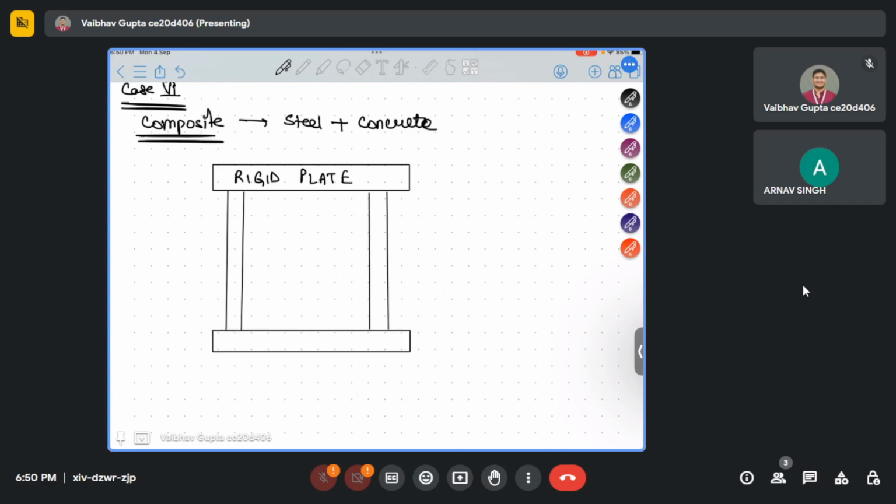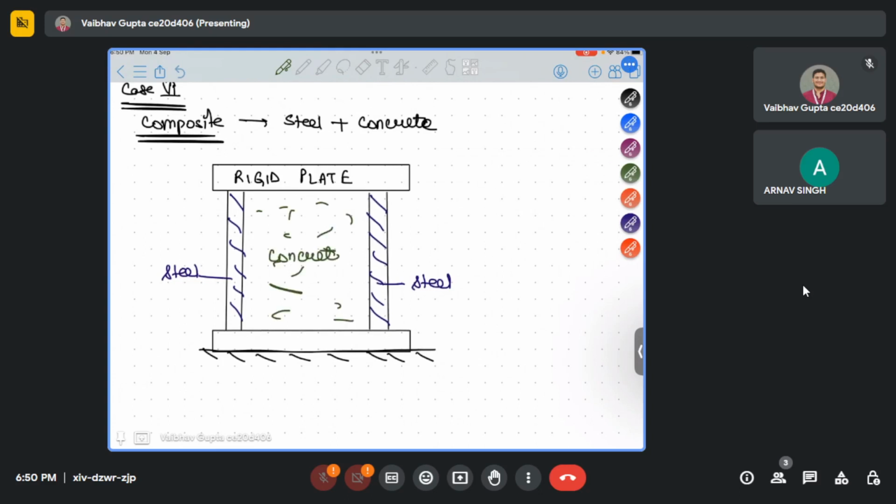The bottom is fixed. This is also a plate which is fixed. So these are the steel columns, and inside is filled with concrete.